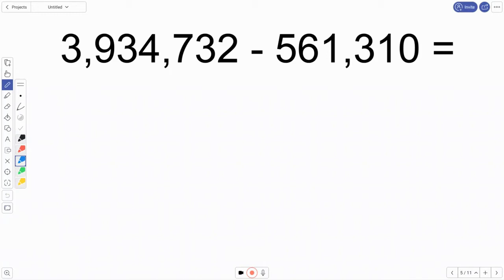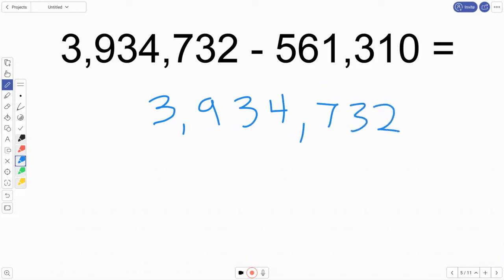All right, so we're going to be subtracting. So I will usually put that number in the right order. So we've got 3,934,732. Okay, so what we want to do is we have to line up this second number as far over to the right. We start in the ones place and we line it up pushed all the way to the right.